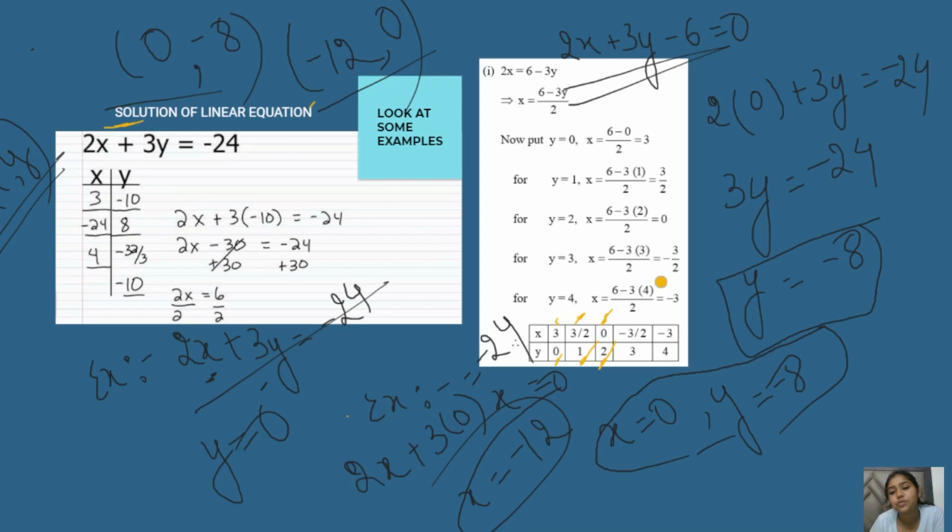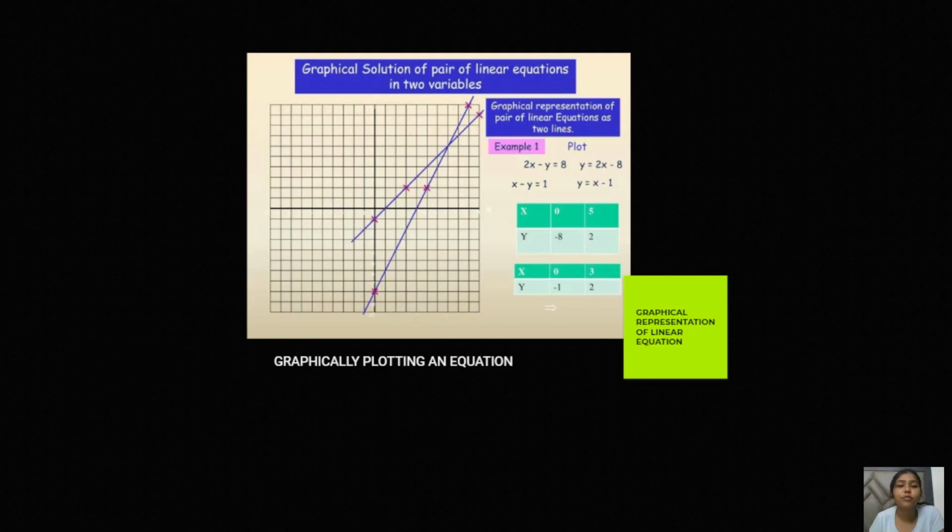Okay, so let's now move forward towards another topic. Now we have seen how to represent an equation, how to solve an equation, how to find the solution. So our next topic will be the graphical representation of the linear equation.